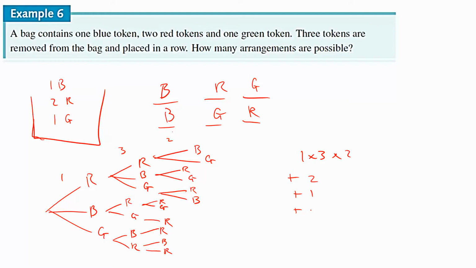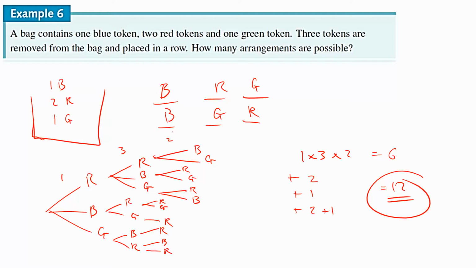Two, 3. Total 12 ways. Is that all? Is that right? Yeah, I don't disagree.